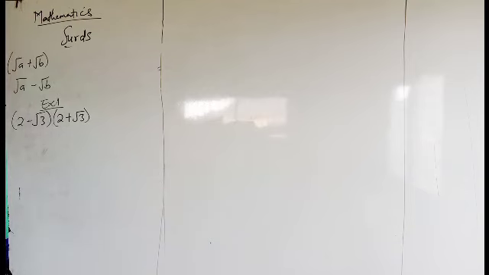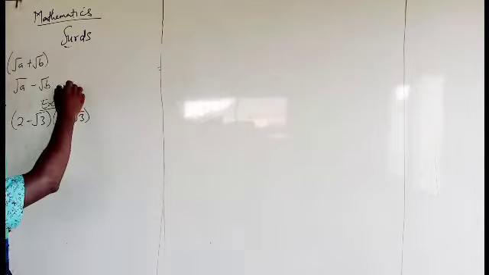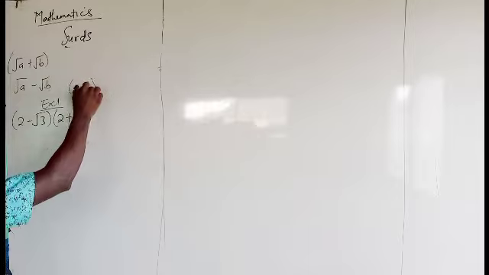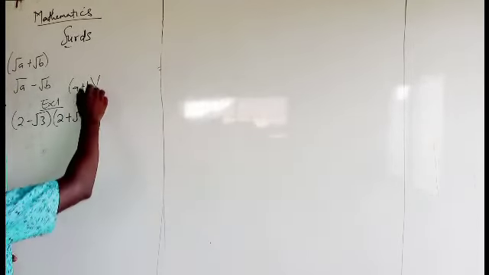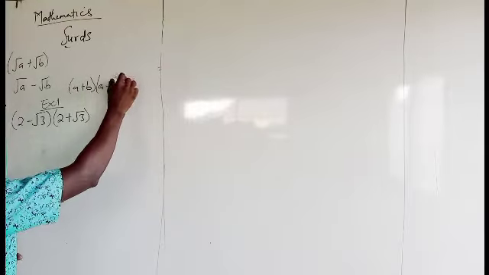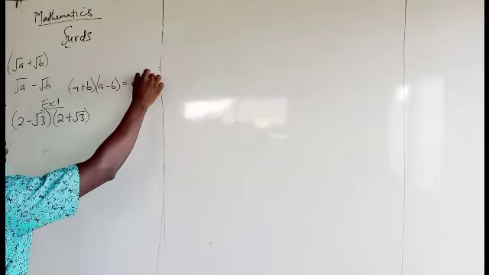Okay, so let's expand. And this is a difference of squares. What we mean is, if you have A plus B multiplying A minus B, your answer will be A squared minus B squared, right?